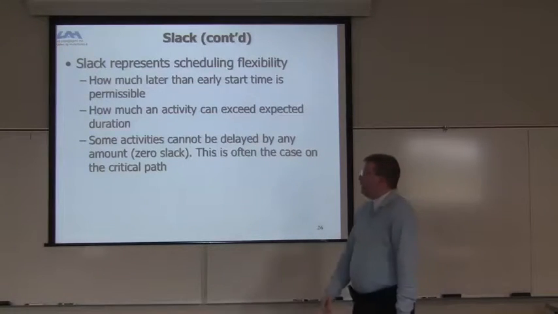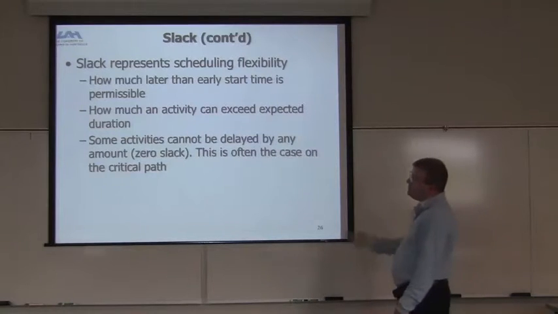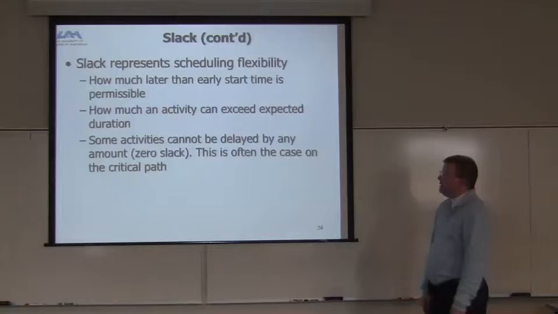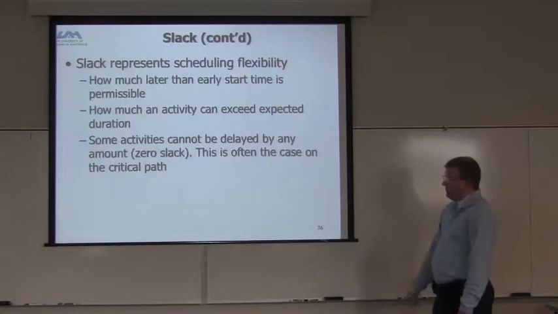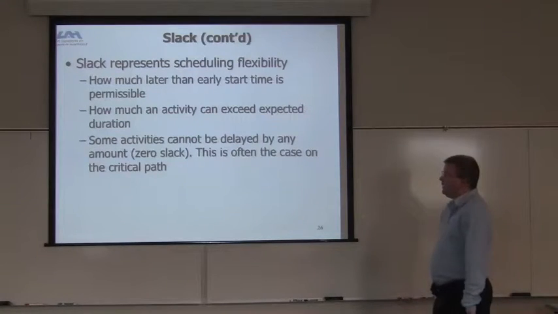How much later than early start time is permissible, basically how much an activity can exceed the expected duration, is also what slack does. Some activities cannot be delayed by any amount, so there's zero slack, no matter what you do. This is often the case with the critical path because the path is automatically the longest part, and so you can't move in any direction.